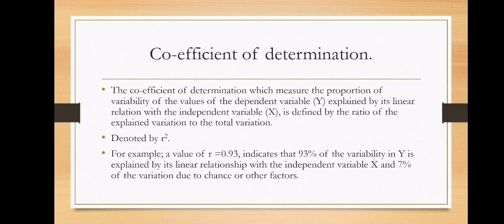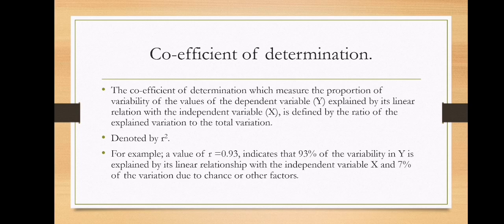The next topic is the coefficient of determination. The coefficient of determination, which measures the proportion of variability of the values of the dependent variable y explained by its linear relation with the independent variable x, is defined by the ratio of the explained variation to the total variation. It is denoted by R square.